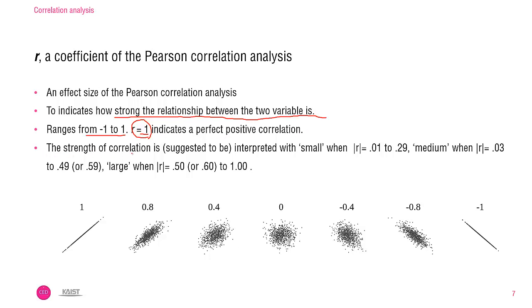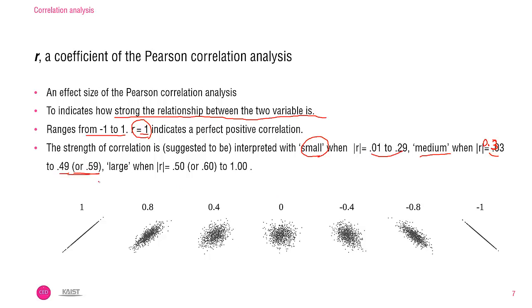And the strength of a correlation is suggested to be interpreted as small when the absolute value of R is between this value. And the strength of the correlation is considered medium size when the absolute value of R is between 0.3, sorry, it's a misspelling, to 0.5 or 0.6.